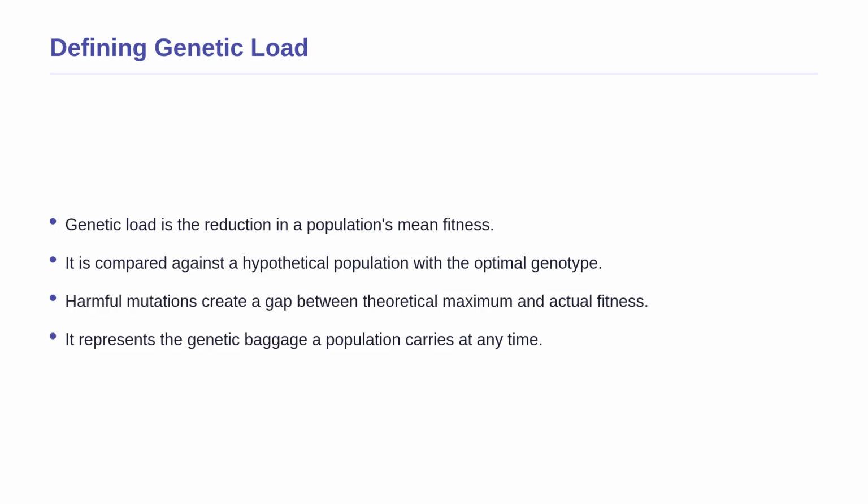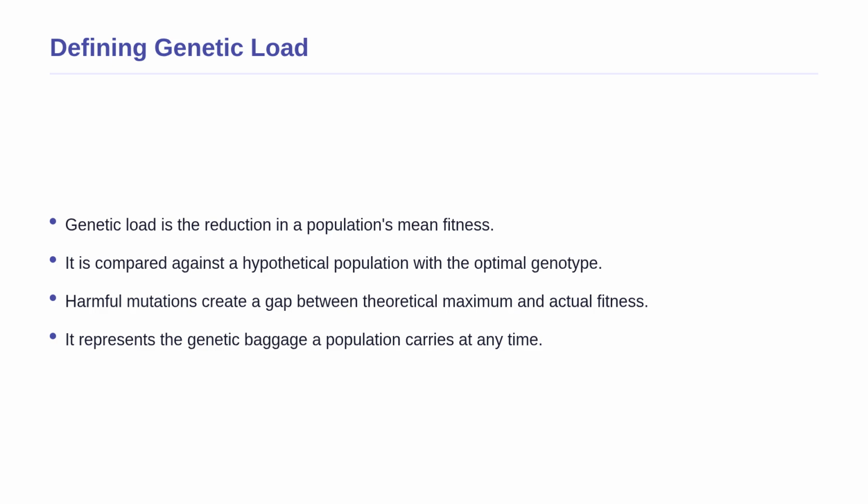Now that we understand fitness, let us look at the formal biological definition of genetic load. Genetic load is defined as the reduction in the mean fitness of a population compared to a hypothetical population where every individual has the absolute best, most optimal genotype.